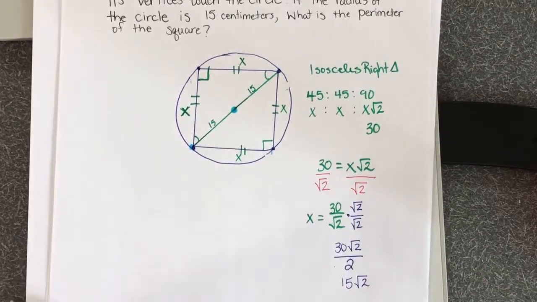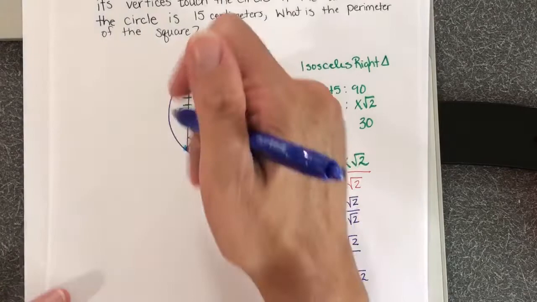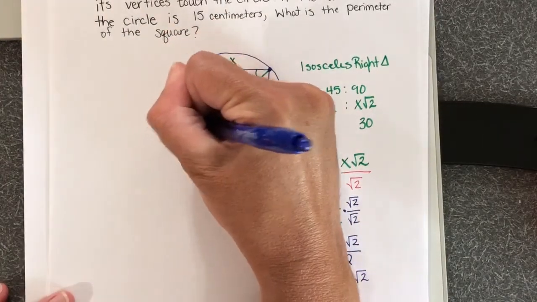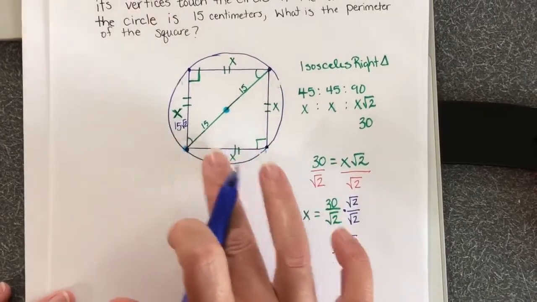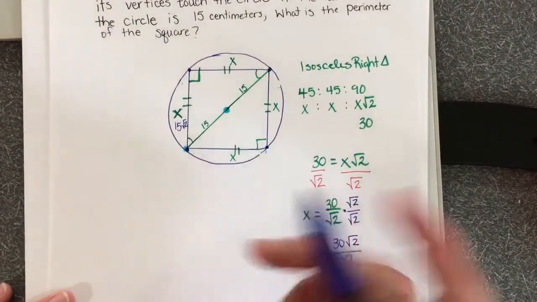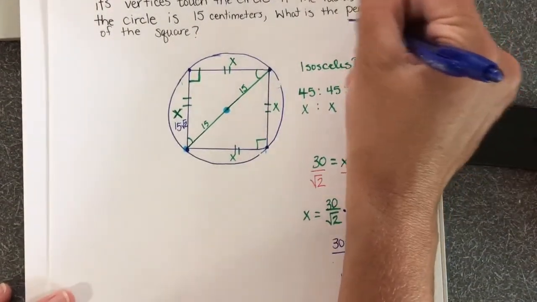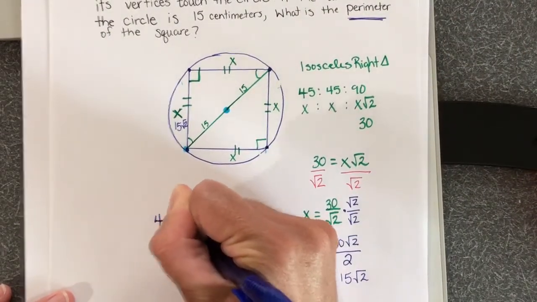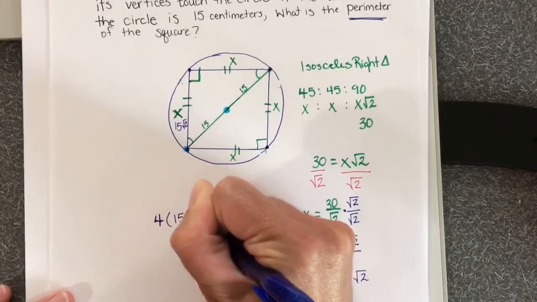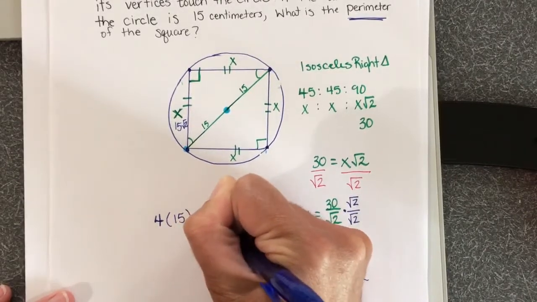So each of those lengths of the square, each of the side lengths, are 15 times the square root of 2. Since all of the sides are the same and we're trying to figure out the perimeter, well, I can take 4 times 15 times the square root of 2.